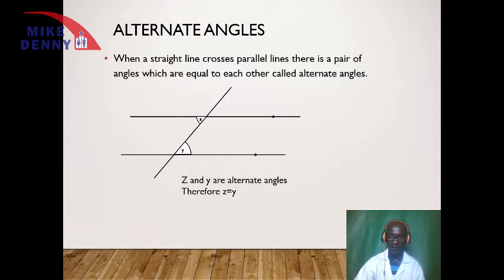So again, this line is parallel to this, and this line cutting across. This angle is alternate to this. So these are alternate angles, and alternate angles are the same. So Z equals Y.